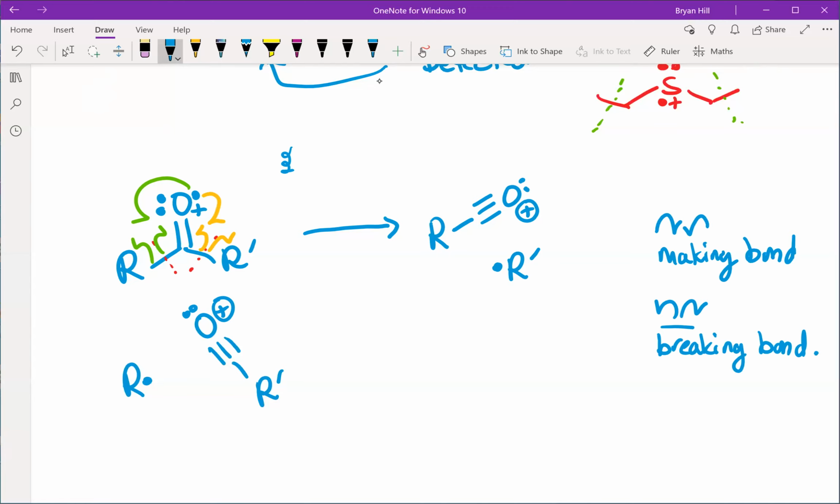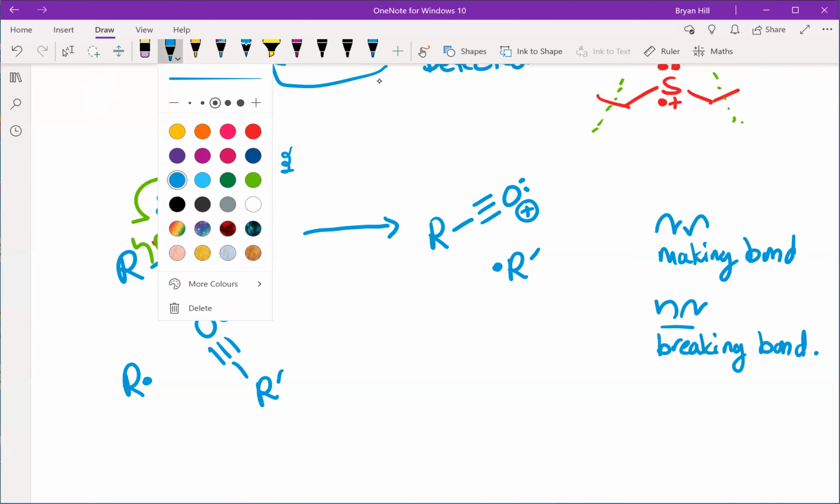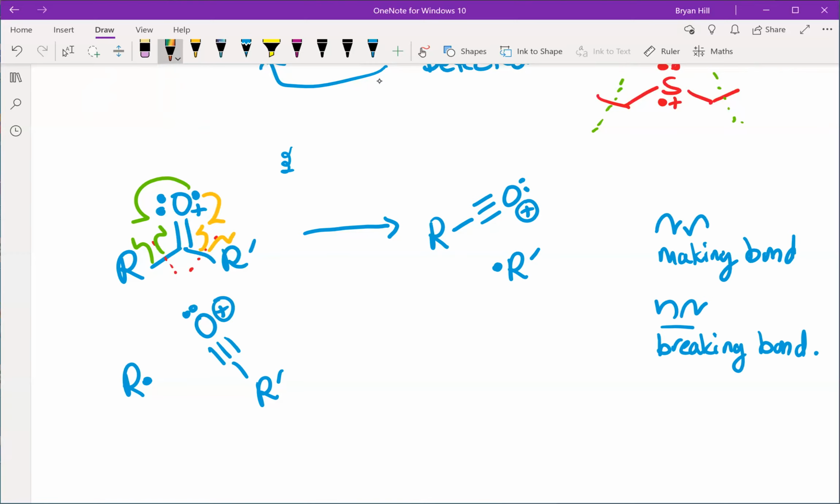So in this example over here, where these two yellow arrows are, this bond's being broken because one fishhook arrow is moving onto the R prime, the other one's going to make a bond, and then this lone electron is coming down to form a bond to make the triple bond here. Does everyone see how the bond making and bond breaking using these fishhook arrows works? Yep. Okay, good.